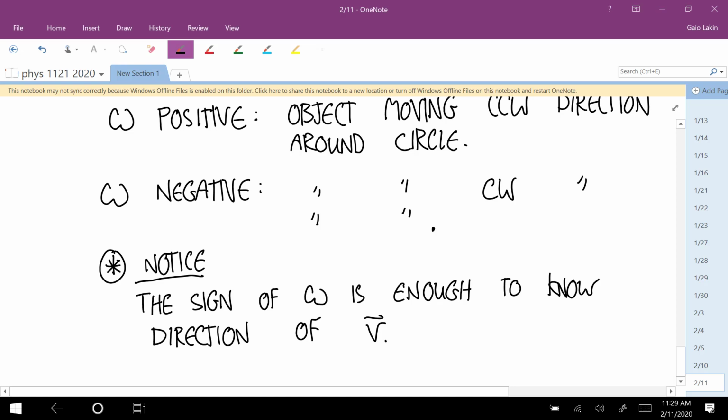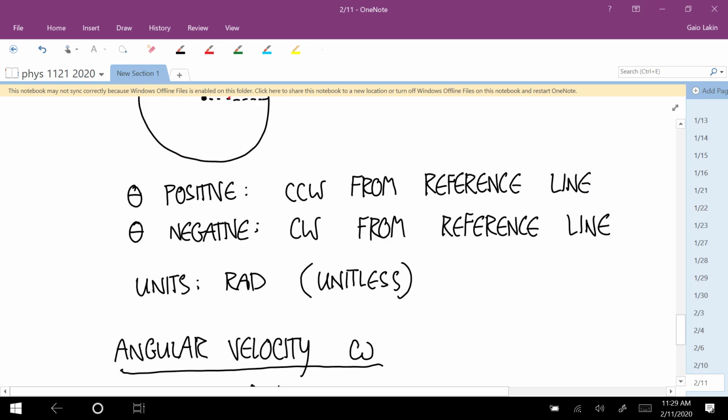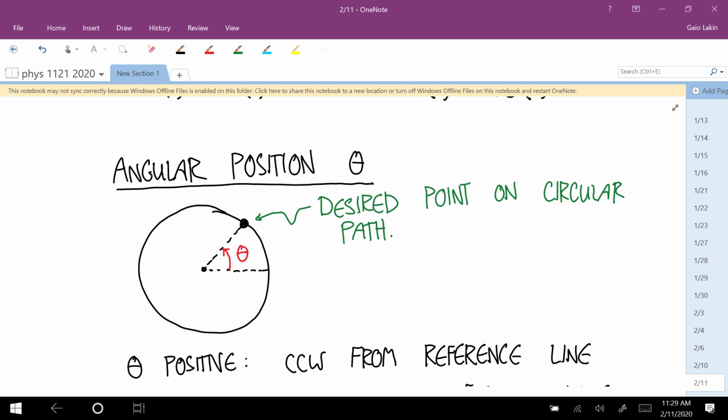We haven't talked about how to calculate the magnitude yet, but if omega is positive, then at that instant the object is moving counterclockwise around the circle, and the velocity vector is tangent to the circle this way. And if omega is negative, that means at this instant it's moving clockwise, and so the velocity vector is that way. So there's a connection between the sign of the angular velocity and the direction of the velocity.